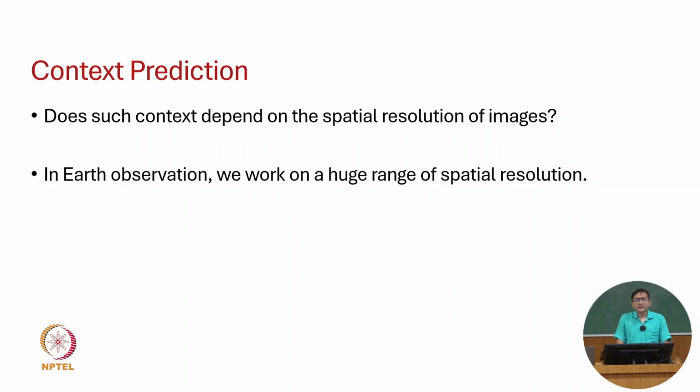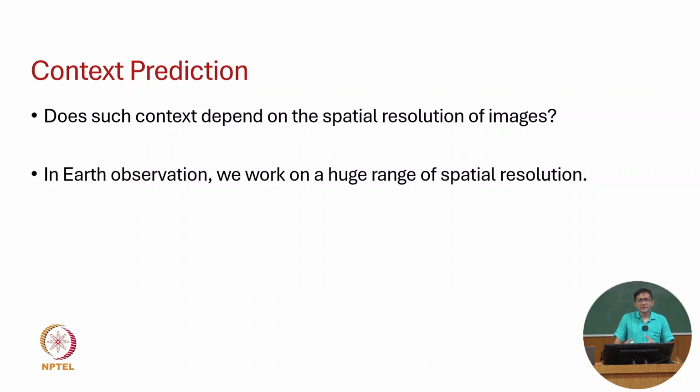So the first question that we are asking ourselves is, does such context prediction depend on the spatial resolution of images? Think of an image which has, let's say, 10 centimeter per pixel resolution or 50 centimeter per pixel resolution. In contrast, think of an image which has, let's say, 30 meter per pixel spatial resolution. In 30 meter per pixel spatial resolution, if you think carefully, such context relationship starts fading compared to higher resolution such as 10 centimeter, 50 centimeter, or 1 meter per pixel, where, let's say, there is a building and a road next to it, such relationships are very strong.